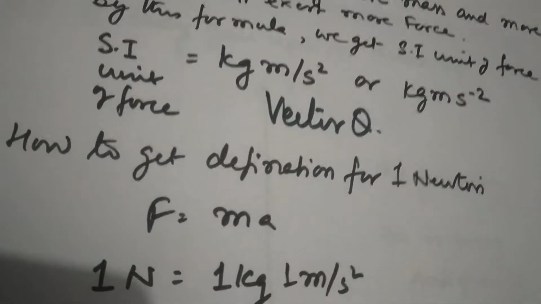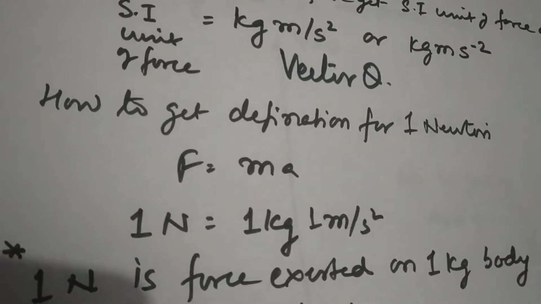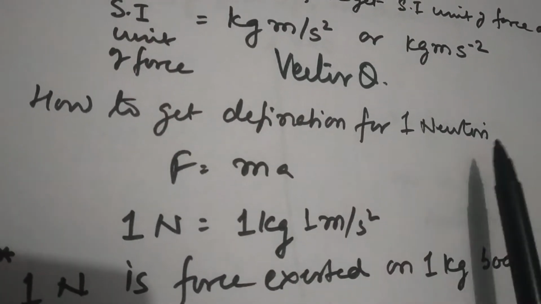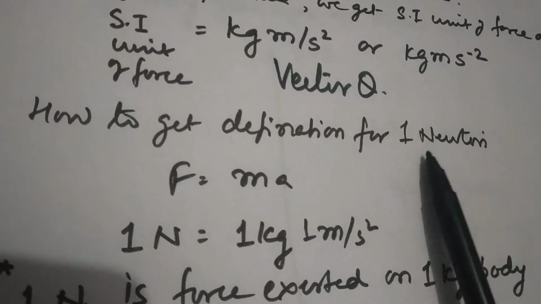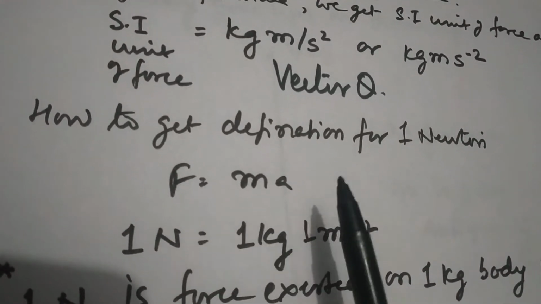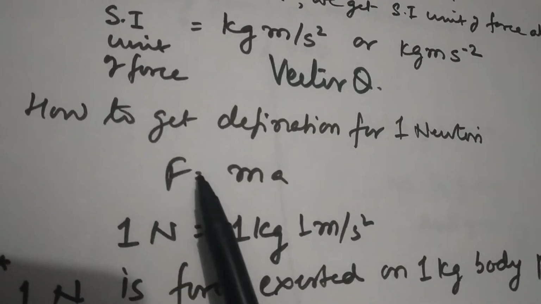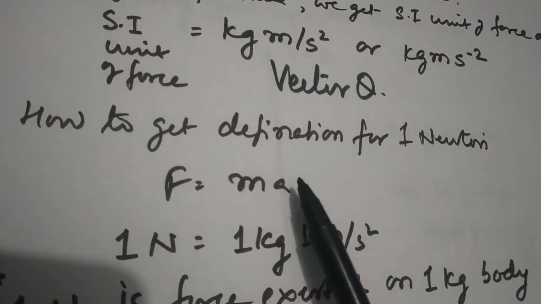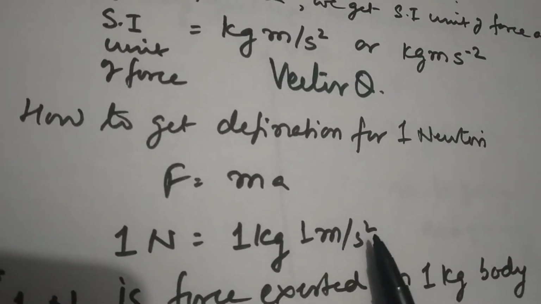There is a small definition generally asked in this law: how will you define 1 Newton? To define 1 Newton, use F = ma. If you put the value of force as 1 Newton, you have to take the mass as 1 kg and the acceleration as 1 meter per second square.